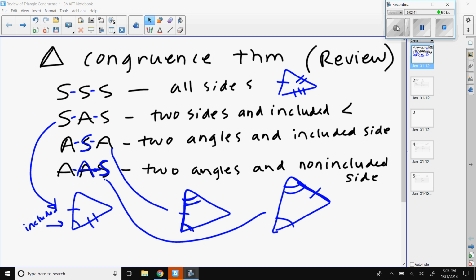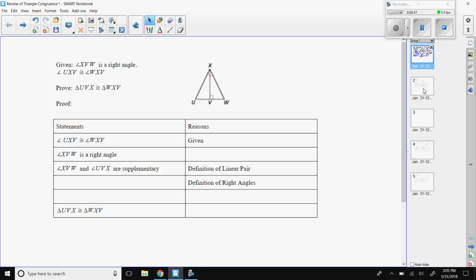So we did a review of that, which led us to do some more proofs. So we looked at this example here, that if this is a right angle, so it gives us XVW, this angle right here is a right angle, and also that these two top angles are congruent. Can we prove that the two triangles are going to be congruent?